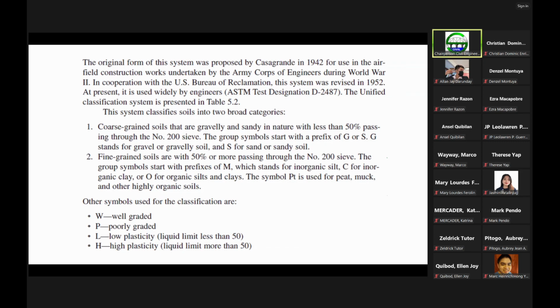And then you also have the L and the H, where L stands for low plasticity, that's liquid limit less than 50. For liquid limit more than 50, you have high plasticity. Again, we don't like high plasticity materials as far as engineering objectives are concerned.